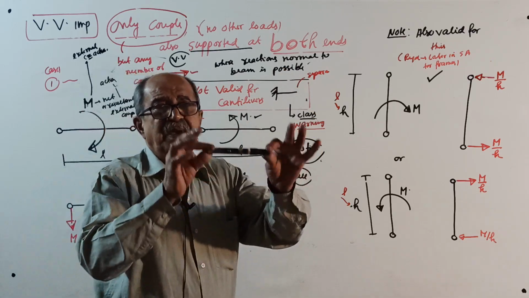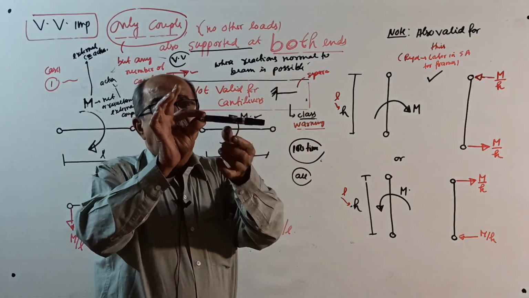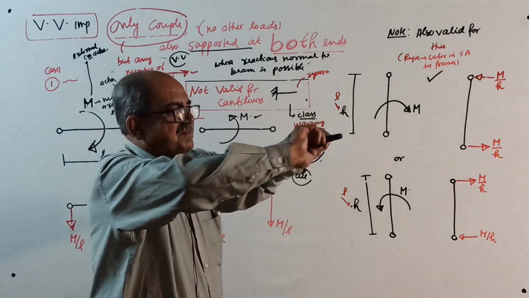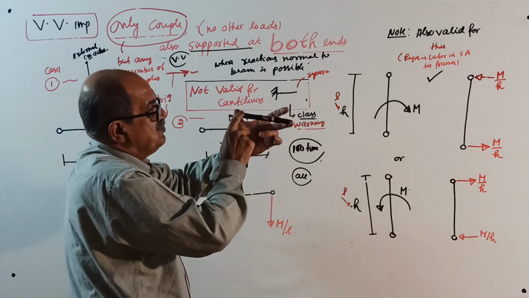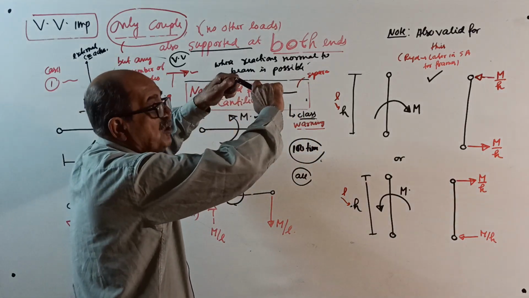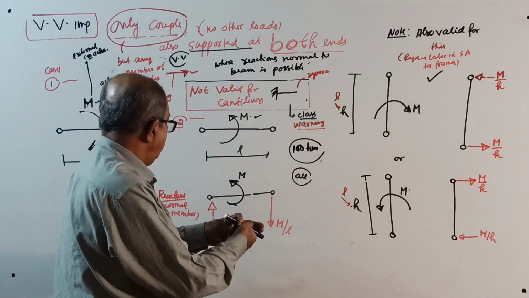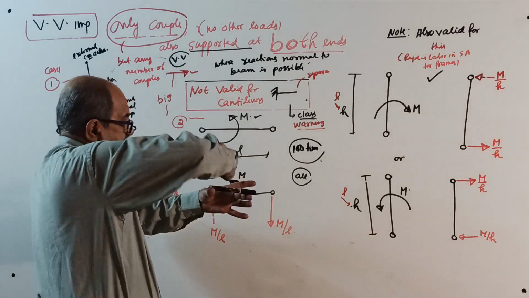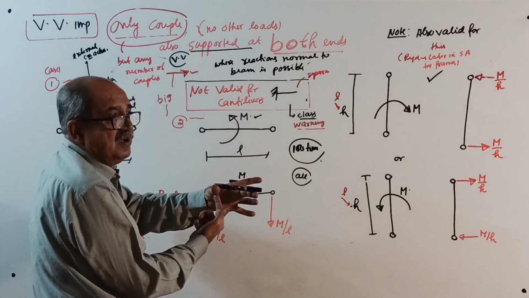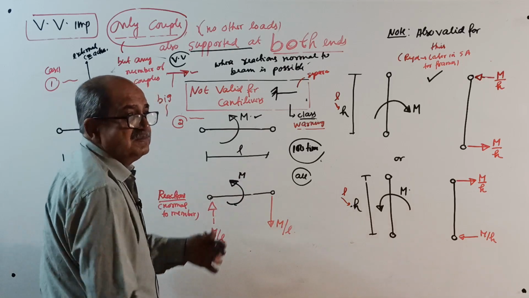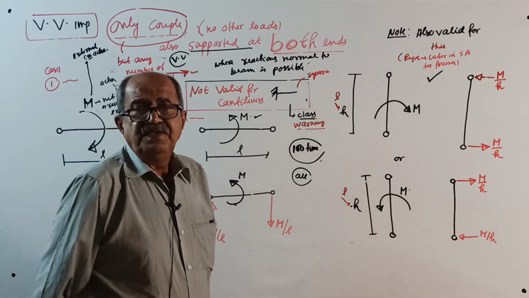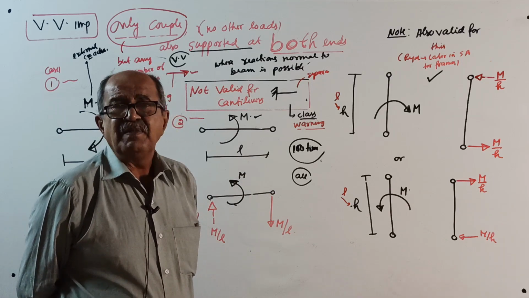Or I will take a pen, give it to a student, and I will apply a couple here. Then I will ask what you are doing. Sir, I am pulling it down, I am lifting it up, they will tell. Here, they will tell, sir, if I apply this way, I am pushing up, and here, pulling it down. Some words they will tell. This is a little better.